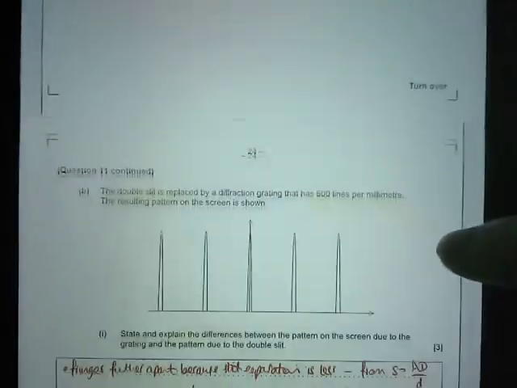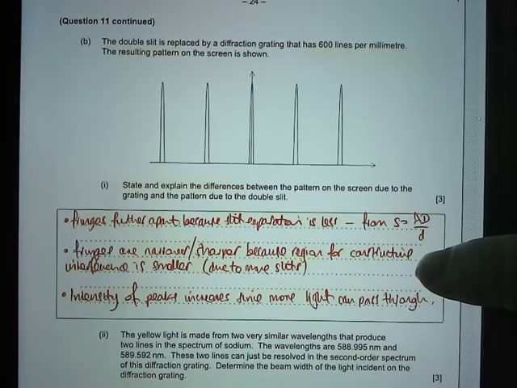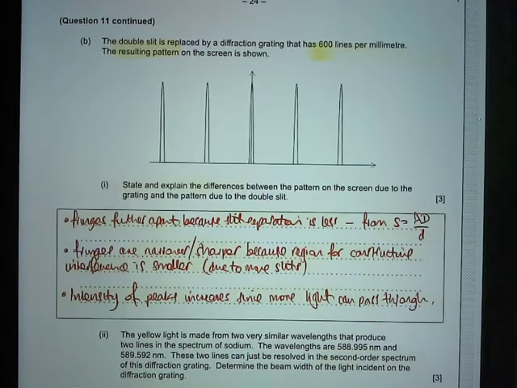Okay, now the diffraction grating, as we replaced the double slit, so the diffraction grating has 600 lines per millimeter. Differences that you might see, state them, also explain the differences as well. Fringes are further apart, because you've got much lower slit separations. You've got 600 lines per millimeter now, and that's from s equals lambda D over d.